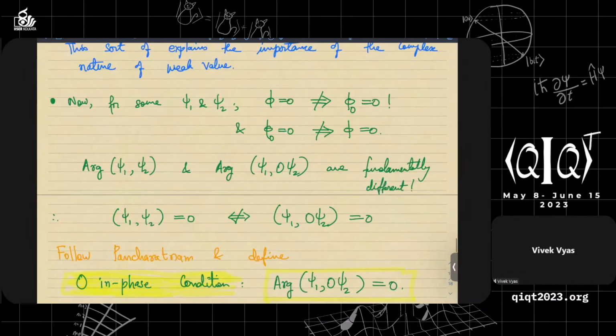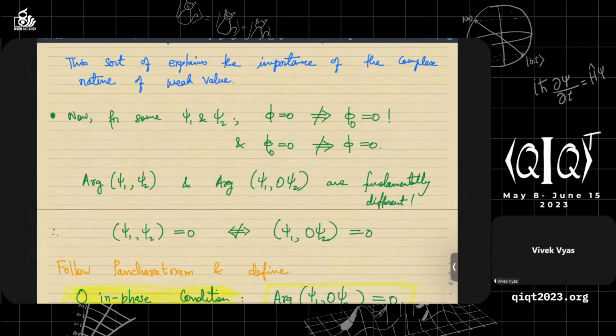Again, if you have this geometry, I mean, the original relative phase equal to 0, then it does not imply anything about the new relative phase being 0. Similarly, if this new relative phase is 0, nothing can be deduced about this one, because they are fundamentally different quantities. The action of operator O changes the game. Of course, you can always find simple cases where they are related, but well, that's a special case, really.